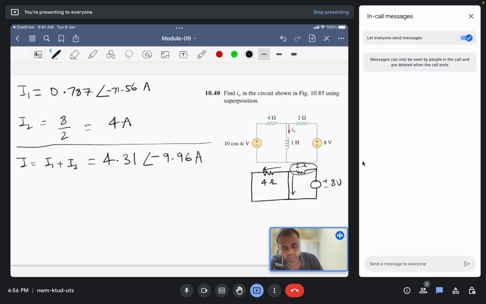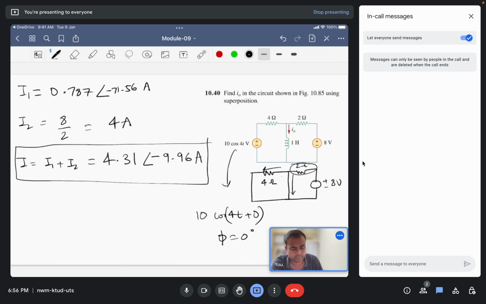So what can we say about the current? The current here is lagging with the AC supply, because with the AC supply we have the phase given by 10 cos 4t plus 0. So phi is 0 degree, and our circuit here is inductive, so the current is lagging the voltage by 9.96 degrees.